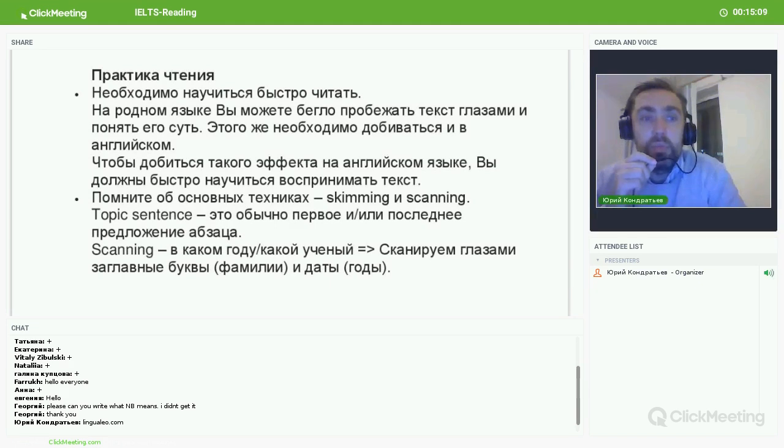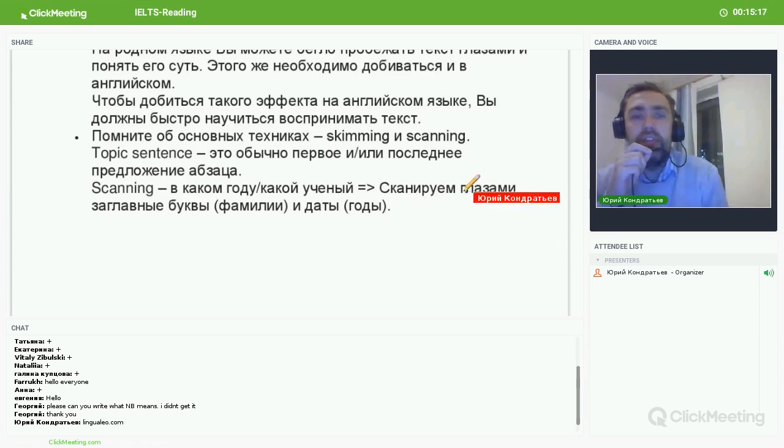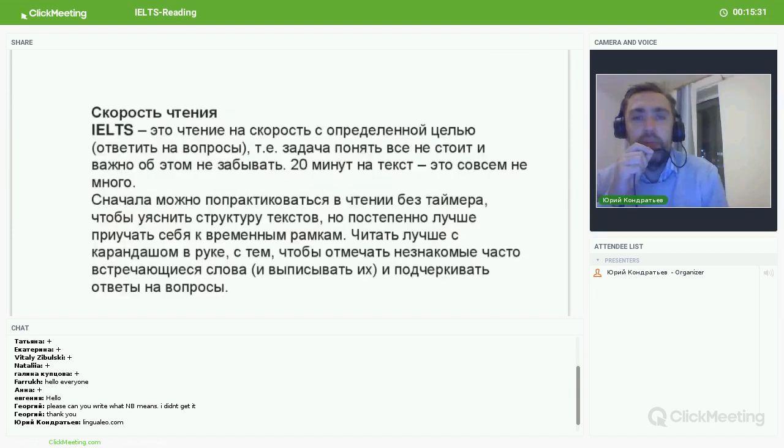For example, if the question is in which year did the scientist discover something, then you scan through the text for surnames and dates quickly and find this piece of information in the text. After this, you find out the answer. So this will help you also.